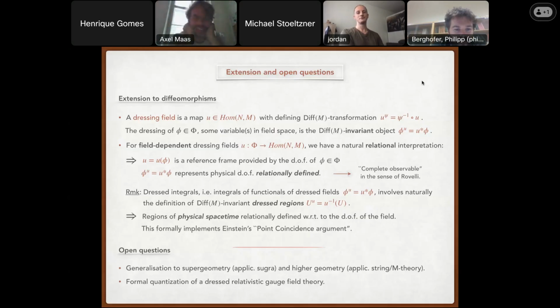Sorry. There's been a lot of discussion about dynamics, but if you go through the discussion, at no point in the whole dressing field approach did you ever need to talk about the actual contents of the Lagrangian or even the existence of a Lagrangian. Every statement is purely based on the kinematics. Not even on the kinematics. It's purely based on: I have these fields and they have this kind of representation for that symmetry.